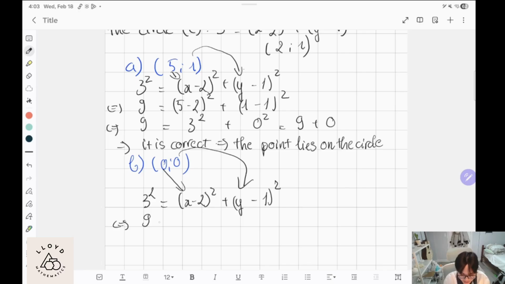So here's 9, and here's 0 minus 2 squared and 0 minus 1 squared.